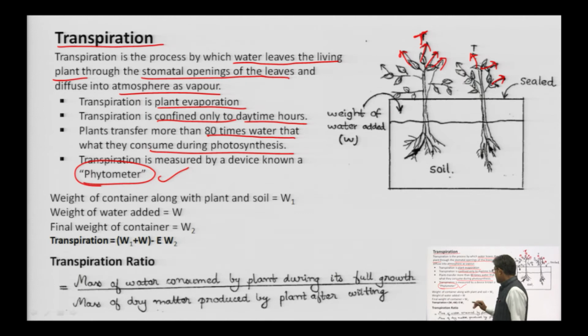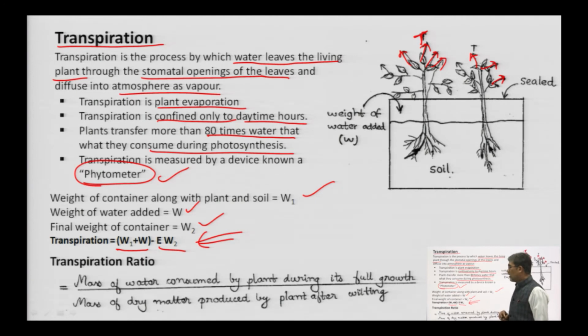We measure it through this equation. Let the weight of the container along with plant and soil be W1, the weight of the water added be W2, and the final weight of the container be W3. Then the transpiration will be W1 plus W2 minus W3. So that equation can be used for transpiration.